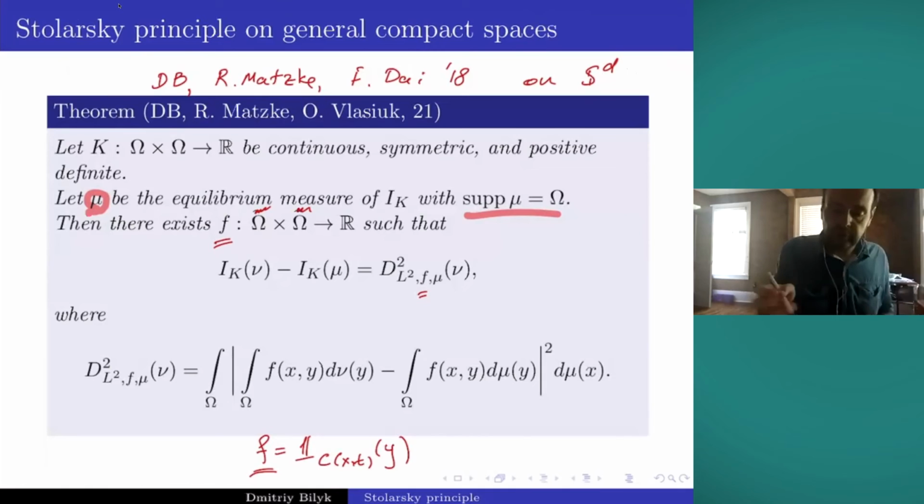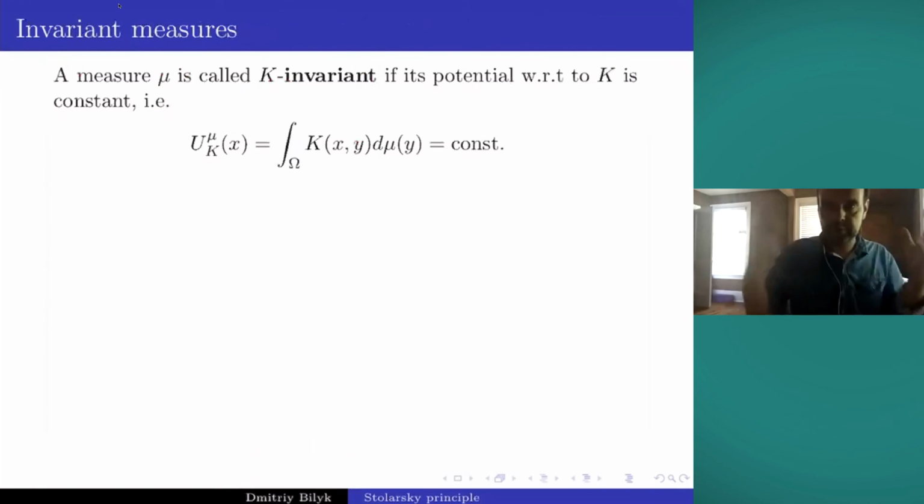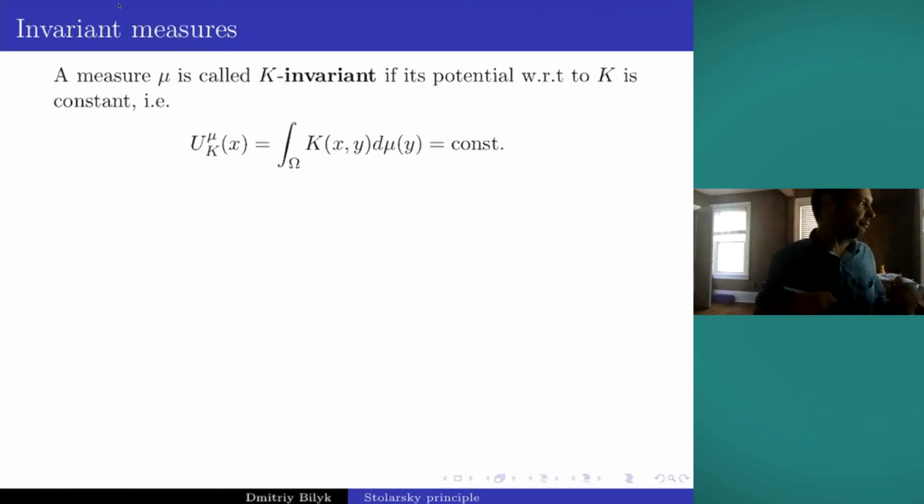Okay, and we know, this is a basic fact from potential theory, that if you have an energy minimizer with full support, it will have this property. However, you can come up with various measures that are K-invariant for different kernels.